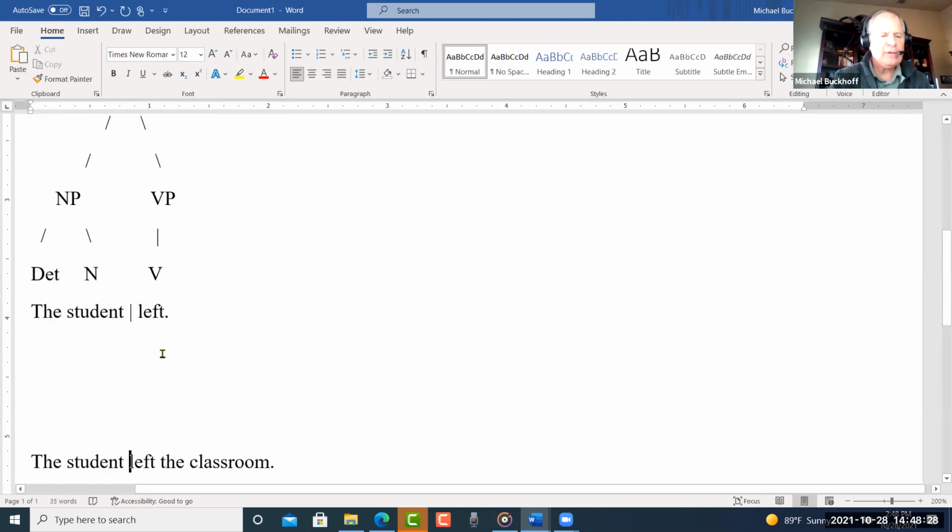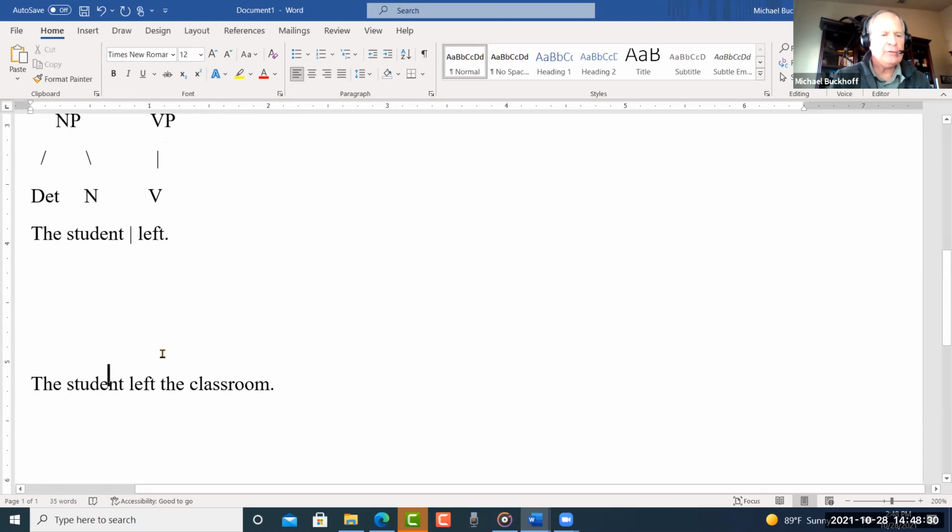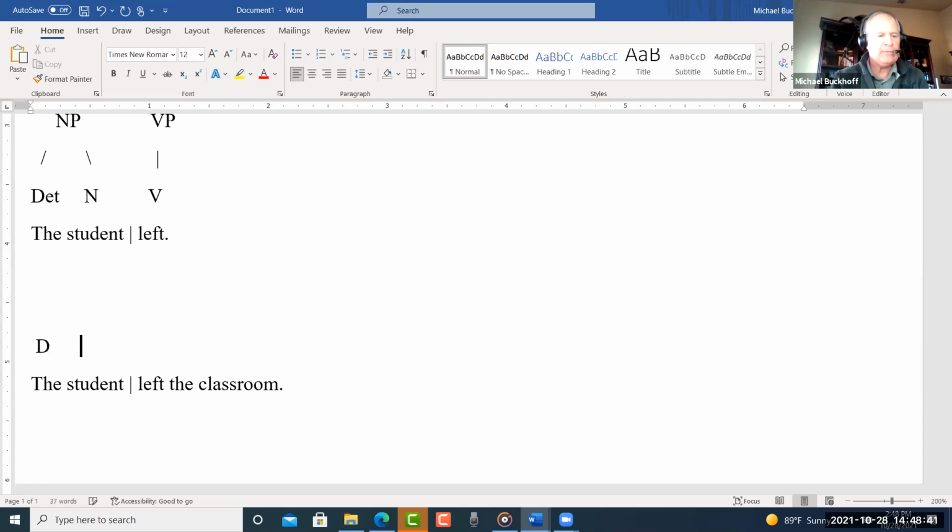So let's see how these things work out as we build it, right? Now, there's nothing different. We do the same thing we did before. We separate it like this, then we label the parts of speech like we did before. We have our verb here. We have a determiner. Then we have a noun.